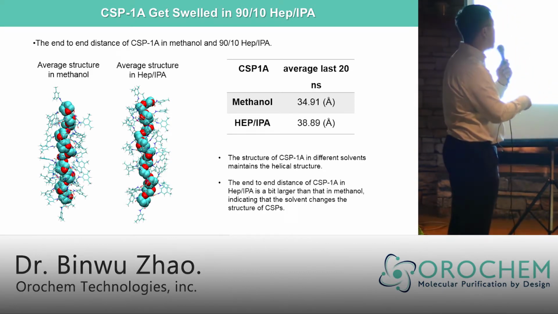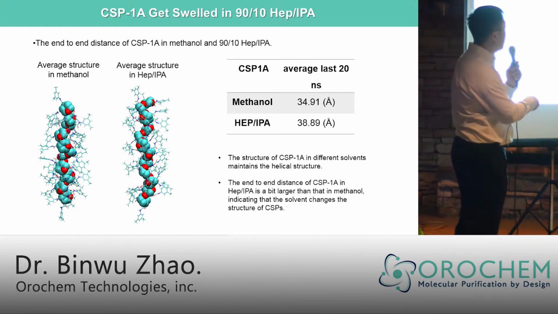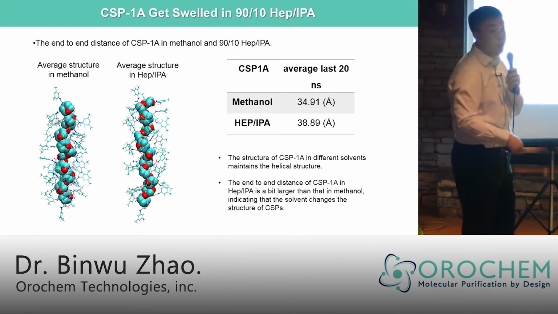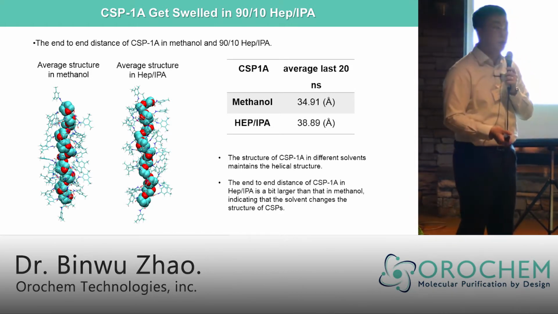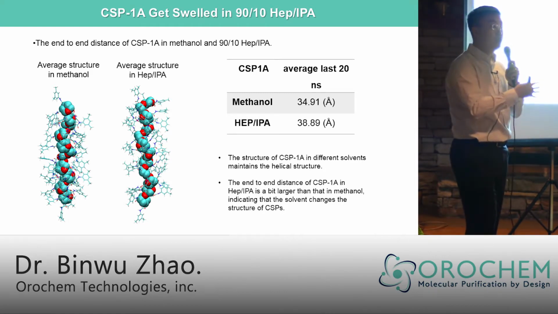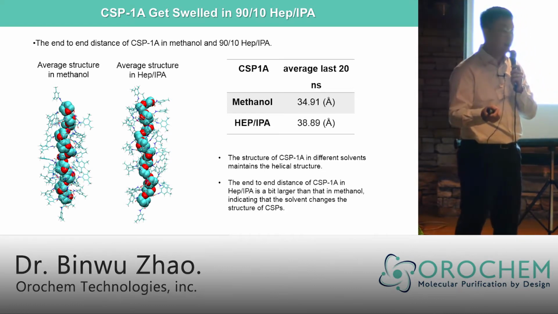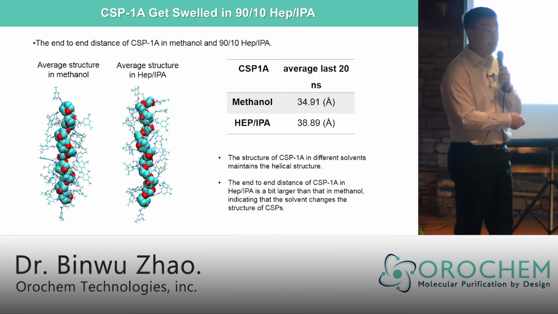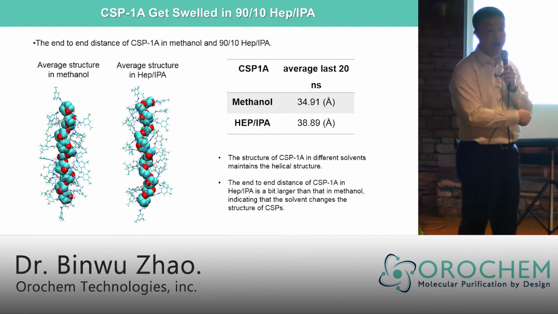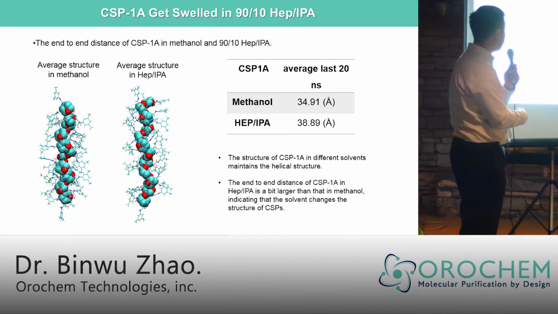What we found is in methanol, the end-to-end distance of CSP1A is around 34, almost 35, and in 90/10 heptane/IPA, it's 39. So the conformation of the polymer changes when your mobile phase goes from methanol to 90/10 heptane/IPA. We'll further investigate how the solvents behave around the CSP molecules in the later slides.